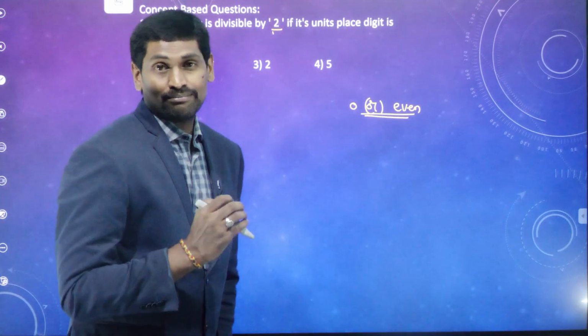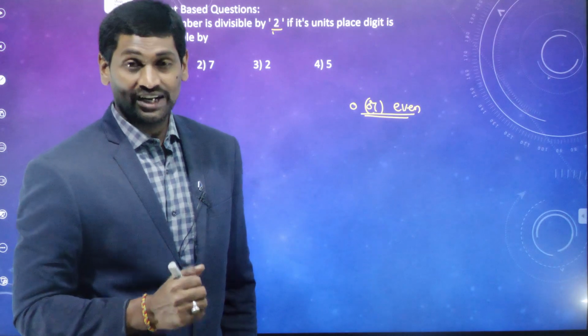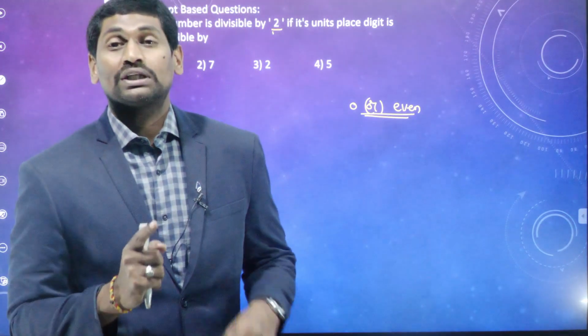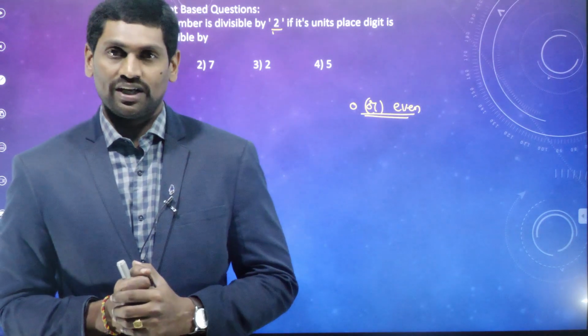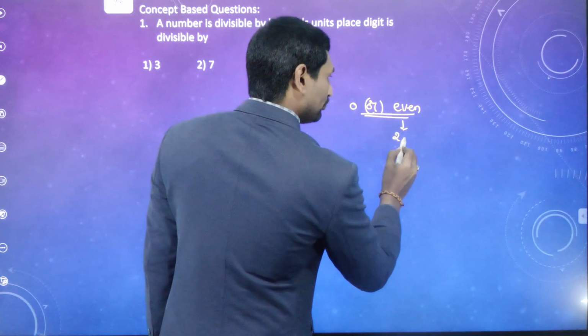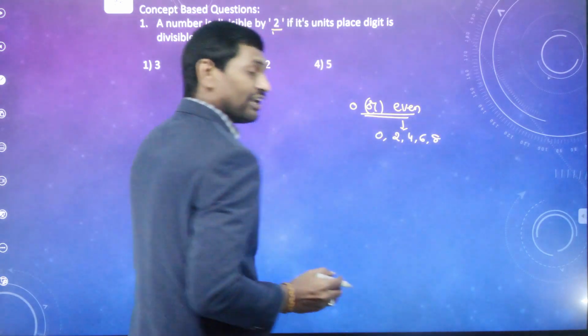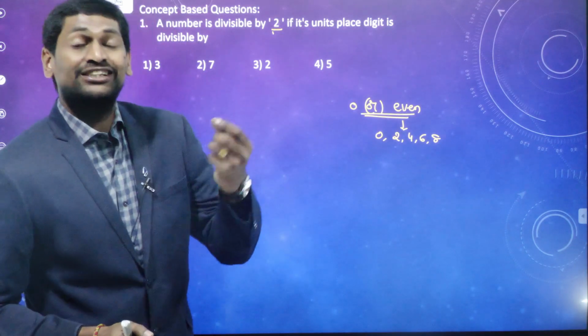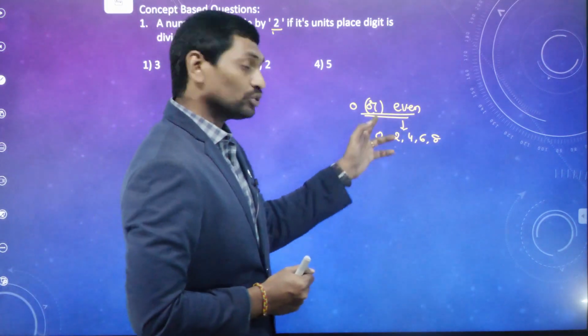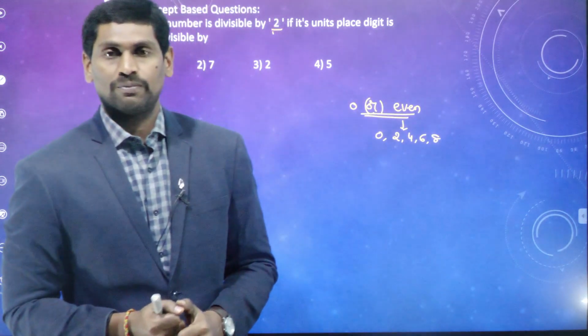Then the entire number will be divisible by 2. Divisible by 2 means exactly divisible by 2 without leaving any remainder. Even numbers here are 2, 4, 6 and 8. That means if a number has 0, 2, 4, 6, or 8 in its units place, then the entire number will be divisible by 2.